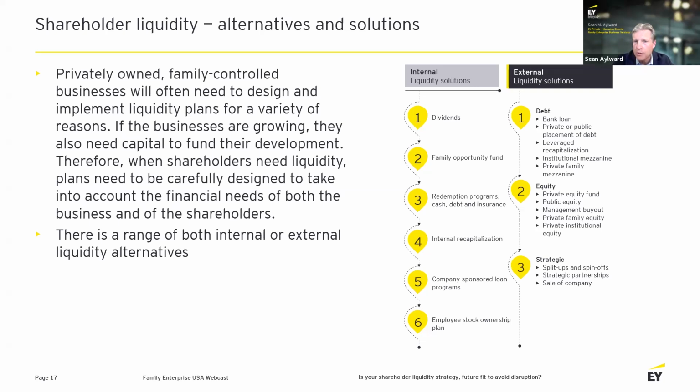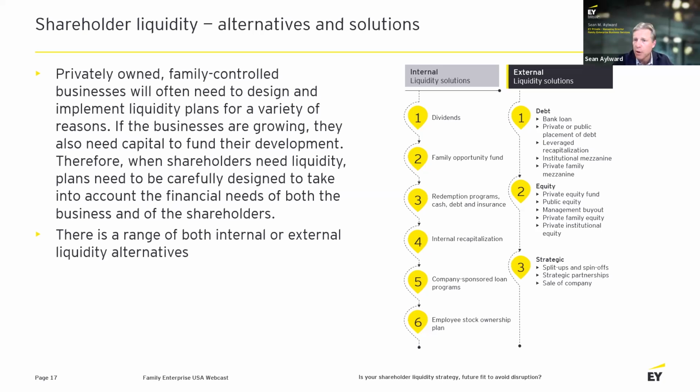This solves the problem I alluded to with dividends. This gives those shareholders that need the cash now the ability to turn shares in. They reduce their equity position, but those that don't need the money don't have to take advantage of the redemption pool, and they continue to have their ownership intact the way it was.